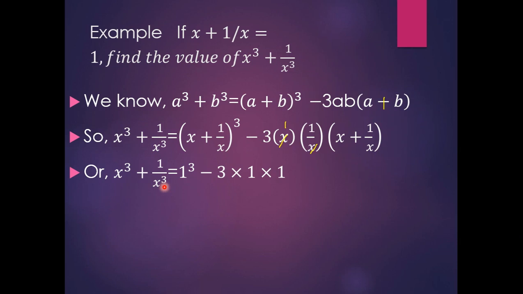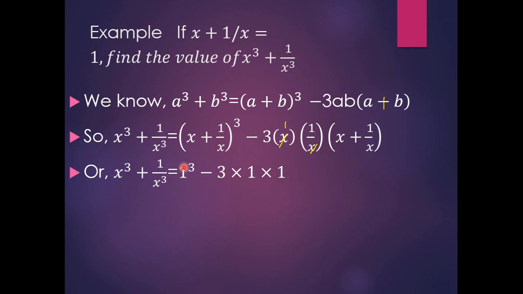So x cube plus 1 over x cube equals 1 whole cube, this is 1 according to the question, minus 3 times 1 times 1, this is also 1.